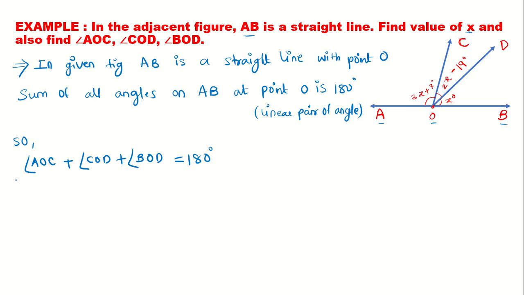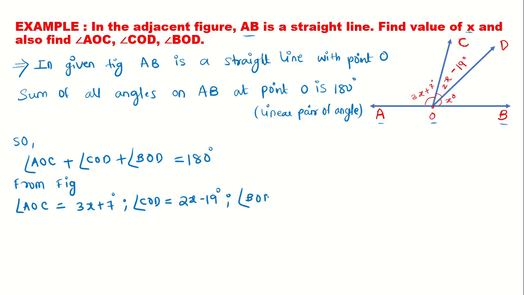Now from the given figure, write down all the values given. From the figure, angle AOC is how much? Angle AOC is 3x plus 7 degrees. Angle COD is 2x minus 19 degrees. Angle BOD is x degrees. Now substitute these values in this equation 1.